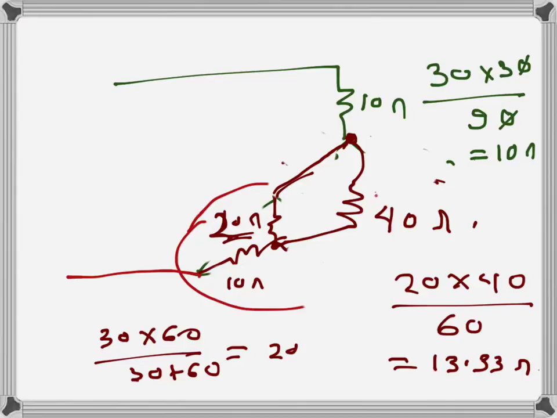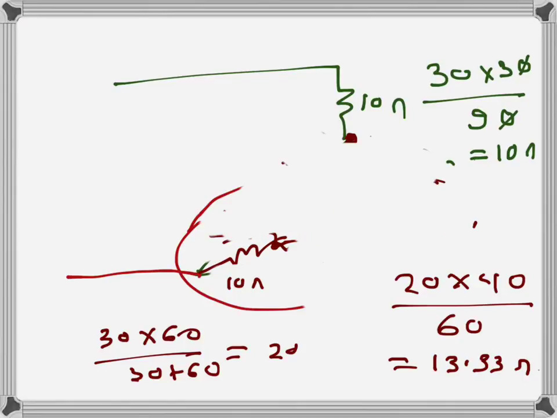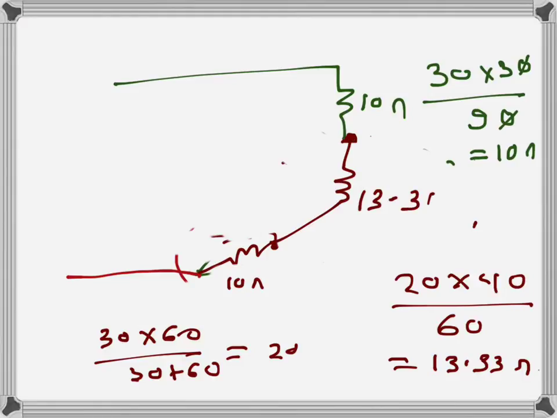Now I will erase these two again. Now it's becoming very simple. We have a 13.33 ohms resistance here, and then 10 ohms, and then 10 ohms. These three are in series. Pretty simple. So 10 ohms plus 10 ohms plus 13.33 ohms.